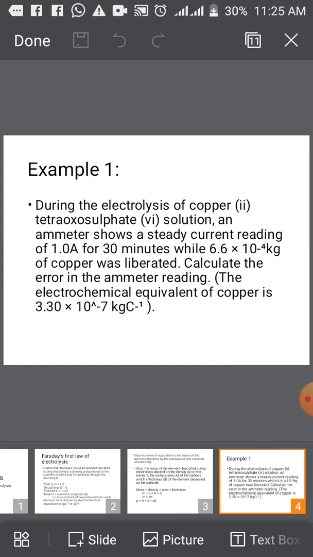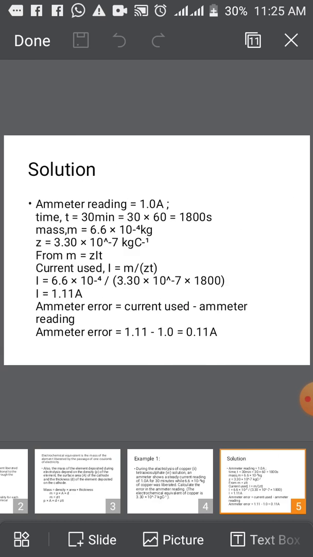Calculate the error in the ammeter reading. The electrochemical equivalent of copper is 3.30 times 10 raised to the power minus 7 kilogram per coulomb.